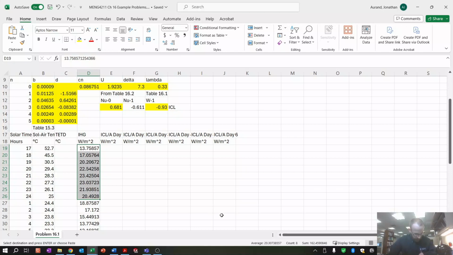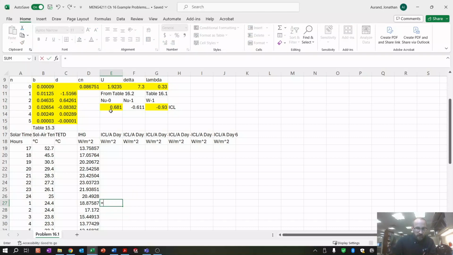Now, last bit, finding that ICL. This is where this new nu 0, nu 1, omega 1 comes in. So we're going to plug in our nu 0. I'm going to start here, equals nu 0 times F4 times our instantaneous heat gain times that guy. And I'm going to put a column lock on that.